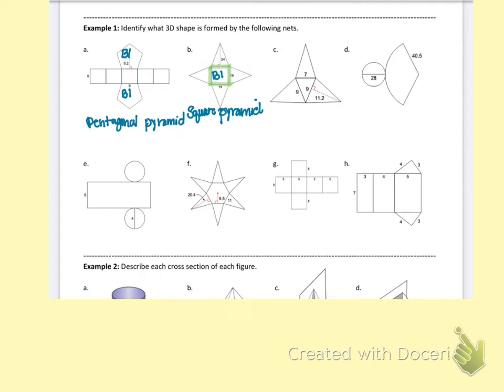So C would, of course, then be a triangular pyramid. We can tell that if that's sitting there as the base, the other sides are going to fold right up. They're all going to meet at the exact same point here, here, and here. And all of a sudden you have yourself a 3-dimensional figure.